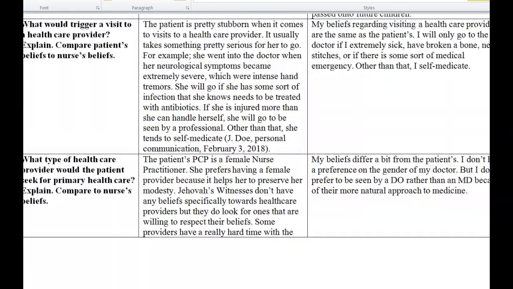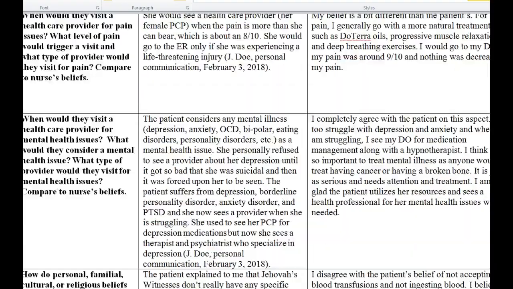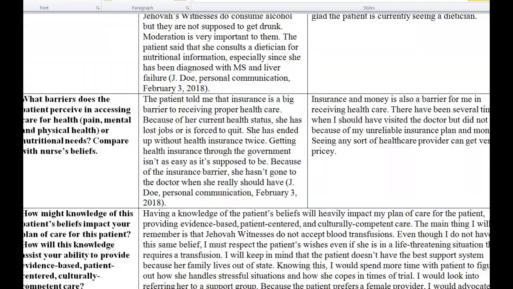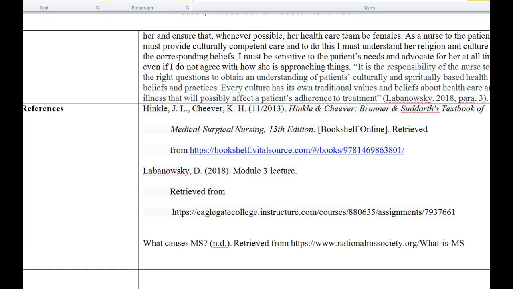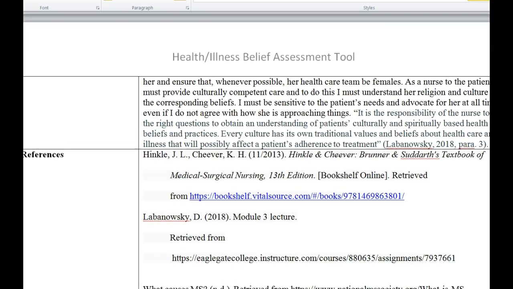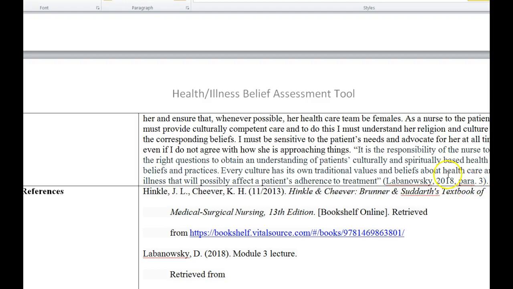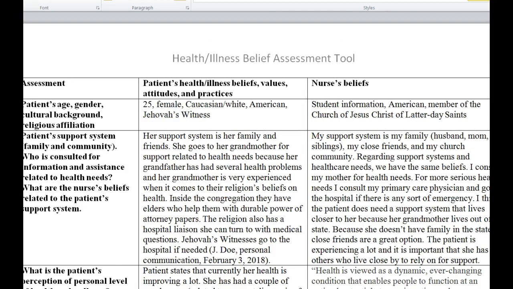If we scroll down to the bottom of this tool, you'll see that she has 3 references, and they are in proper format. So she included citations within her work and ended up with a very good grade.